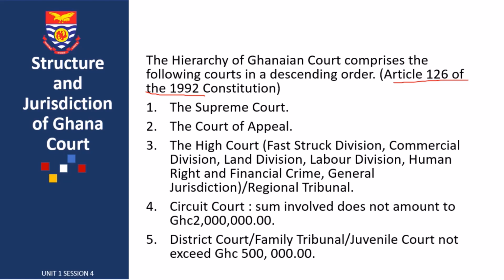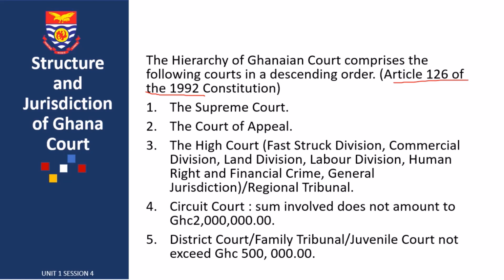The Supreme Court has original jurisdiction, that is, the jurisdiction to sit on a case at the first instance. It also has supervisory jurisdiction over all courts below it, and appellate jurisdiction.